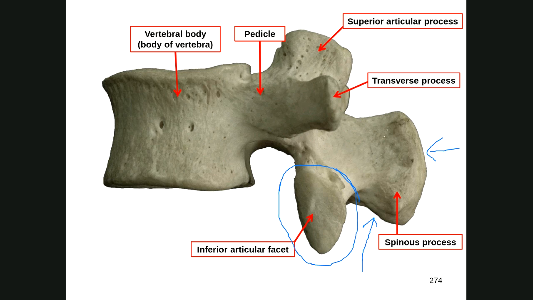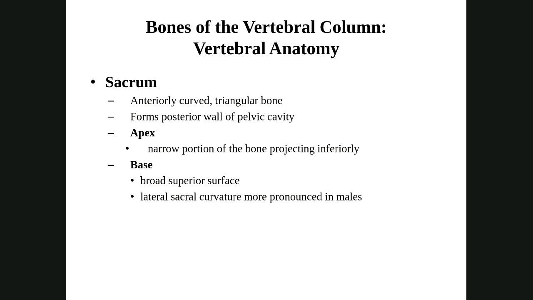All right. Let's jump into the sacrum here. We're almost done. The sacrum is going to be that triangular bone at the base of your spine. It is going to make up what we call the posterior wall of the pelvic cavity. Remember the pelvic cavity where we found the urinary bladder and some of our reproductive organs? You had the abdominopelvic cavity, and then you broke it down into the abdominal cavity and then the pelvic cavity.